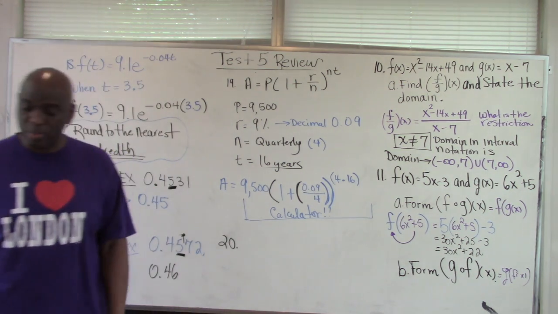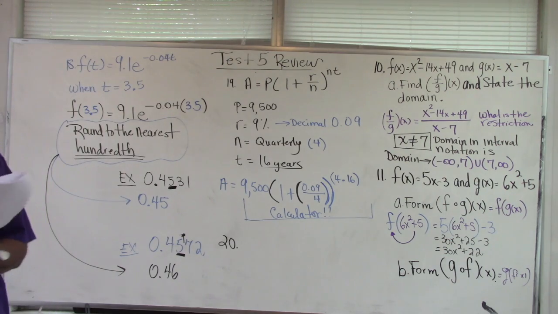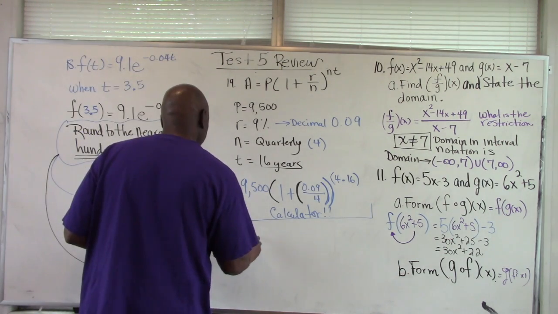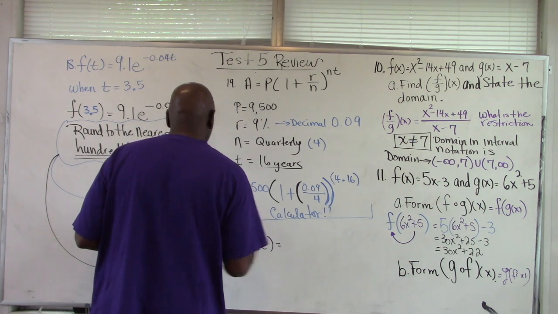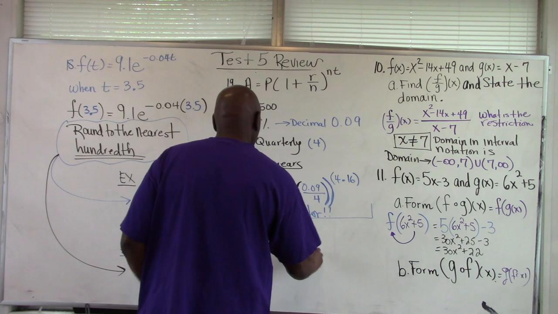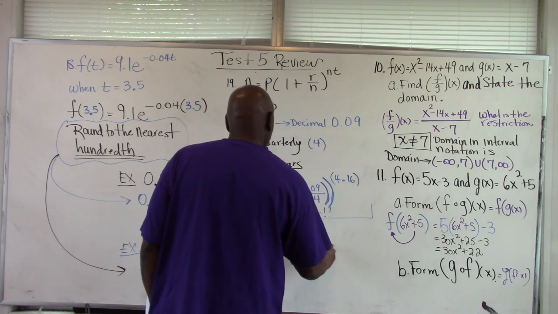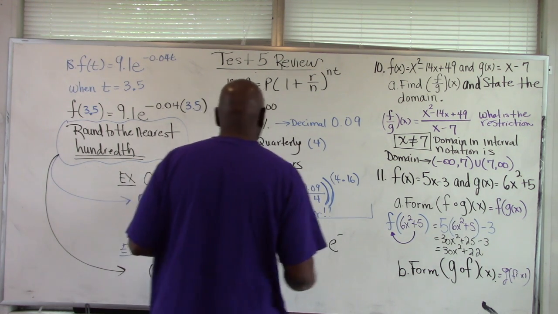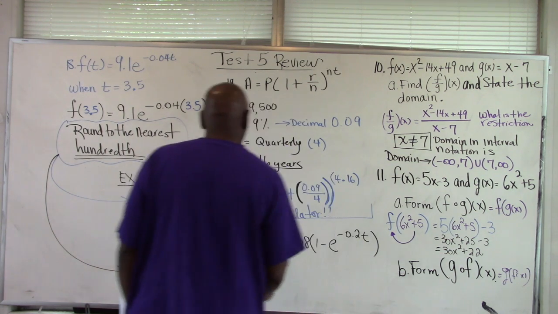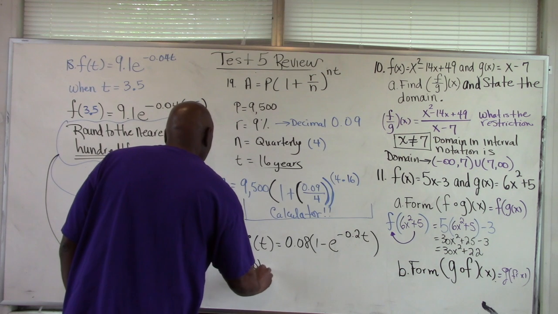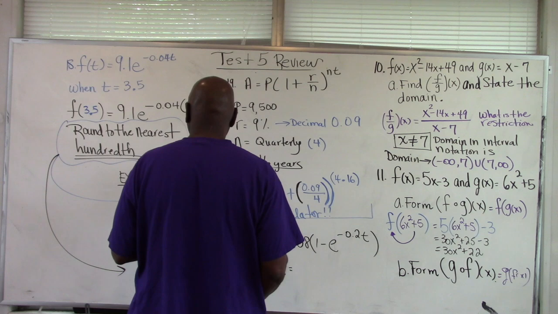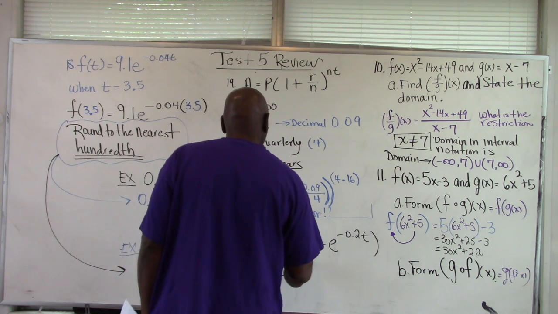20 is also direct substitution. Plug it right in. Alright? We have C of t that equals 0.08 times 1 minus e to the negative 0.2t when t equals 5 minutes.